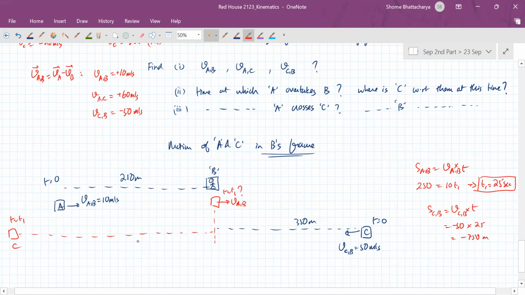Which is at 350 meters, because this should be the displacement. Oh, sorry, much more. 25 into 50, not 30. So 1250.